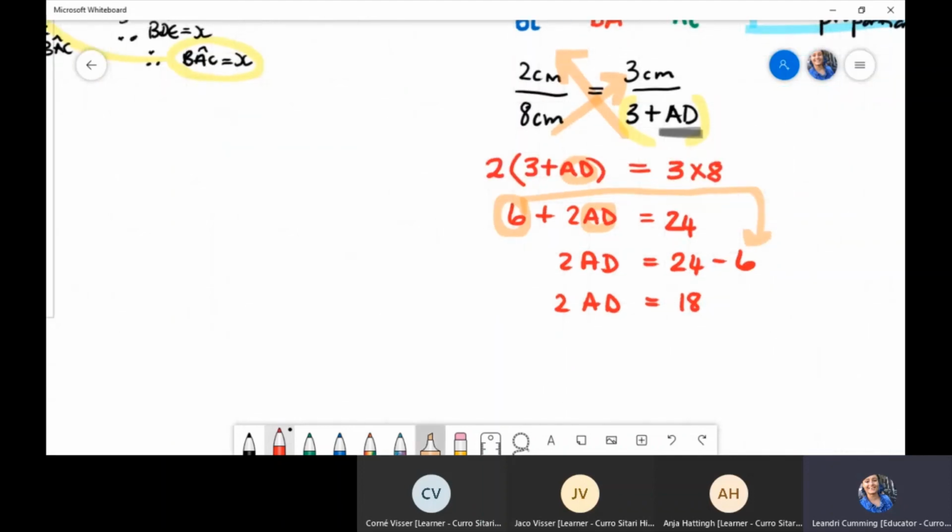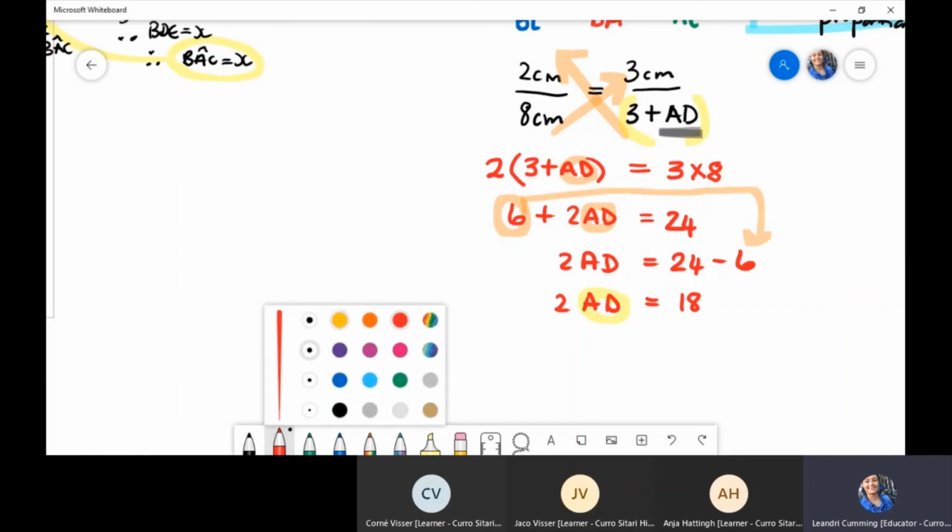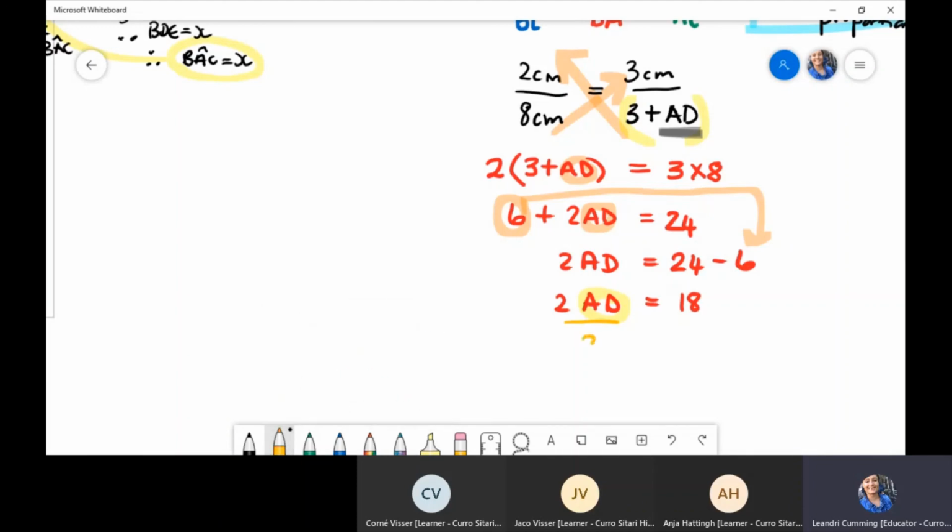And now I need to apply my inverse operation to isolate AD. So isolating AD means divide by 2, the inverse of product. 2 times AD divided by 2 will result in AD. What I do on the left-hand side, I do on the right-hand side. Therefore, AD is equal to 9 centimeters.